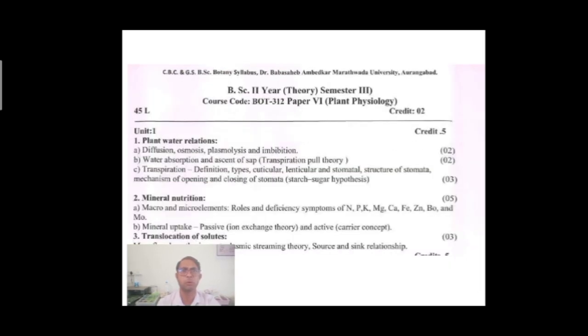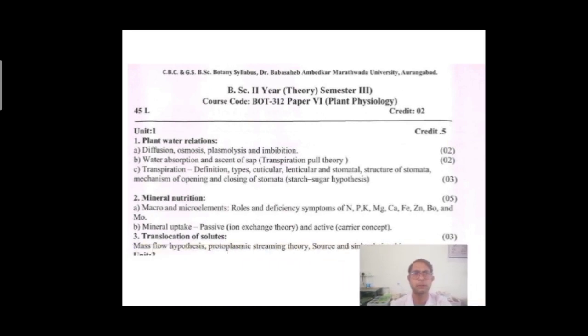Unit number 1 is plant water relation, and unit number 1 has 3 parts. The first part is plant water relation, the second part is mineral nutrition, and the third is the translocation of solute. These are the 3 parts included in the first unit.